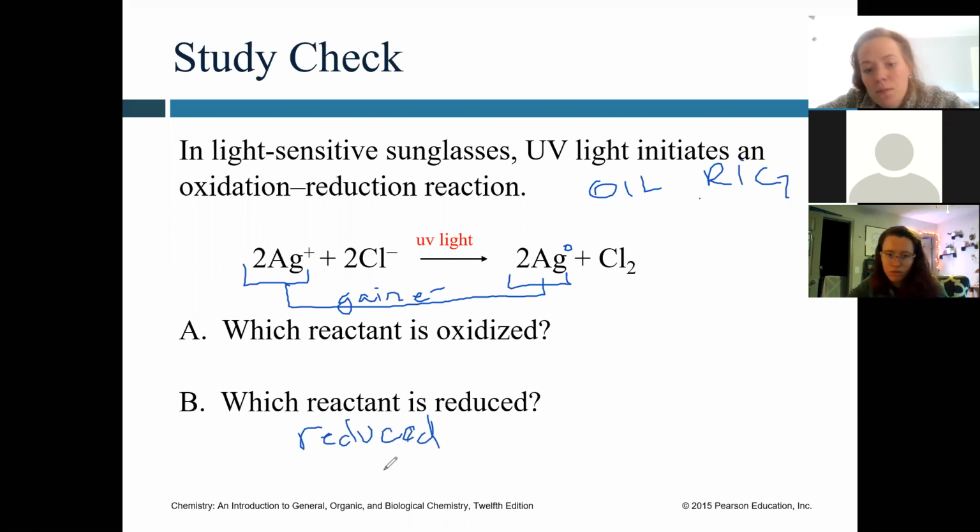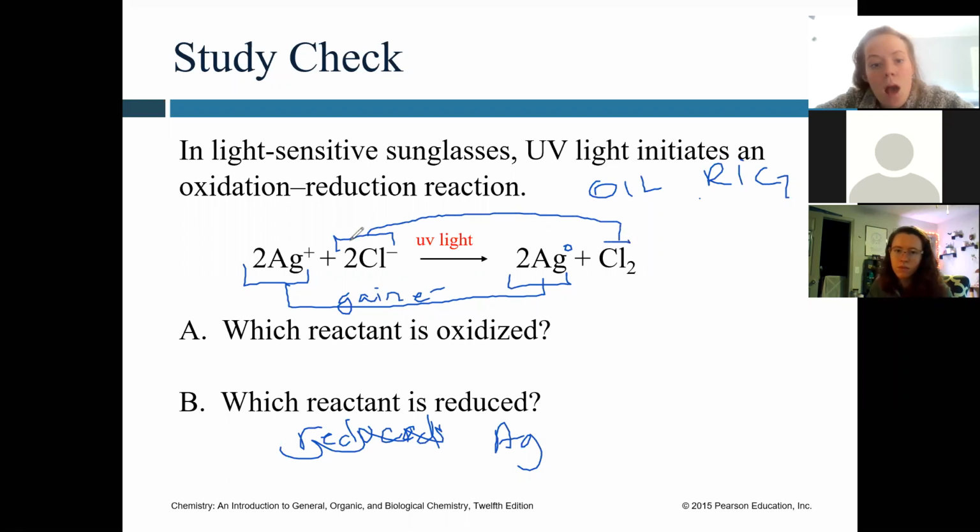Now, once you figure out which one is being reduced, the other one is being oxidized, but we can double check it. Here's our chlorine. Here we're a minus charge and here we are a neutral charge.